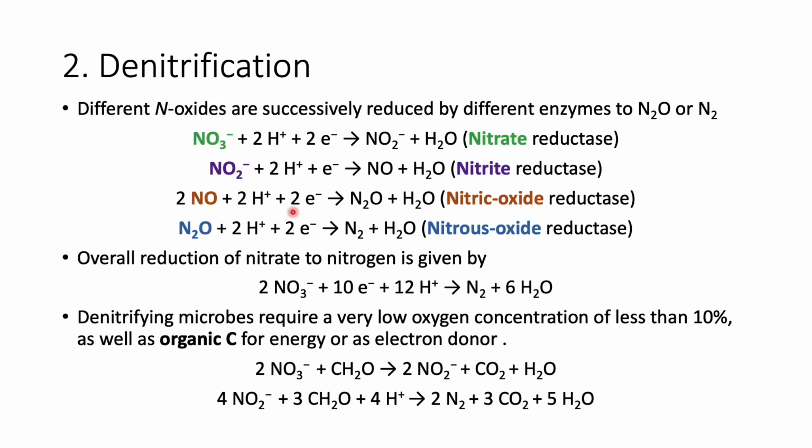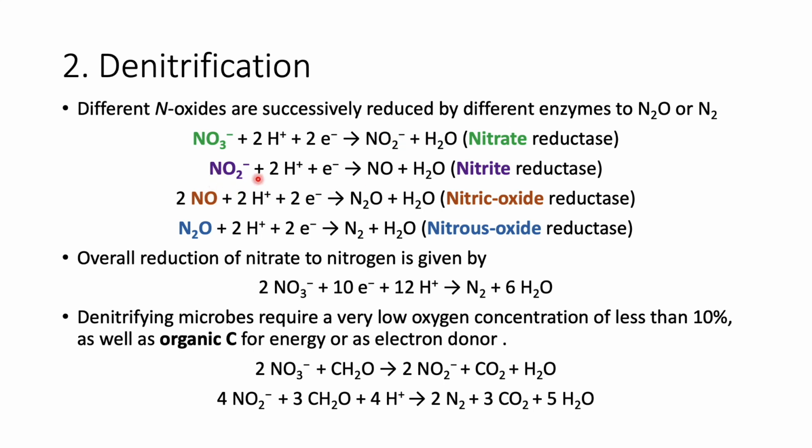The second reaction is the denitrification reaction. Here different nitrogen oxides are successively reduced by different enzymes to N2O, nitrous oxide, or nitrogen. The first one is nitrate, which is reduced by nitrate reductase. Here nitrate reacts with 2 protons and 2 electrons to give nitrite ion and water molecule.